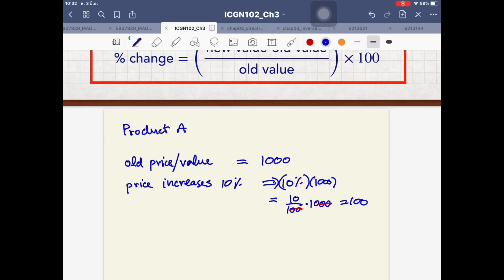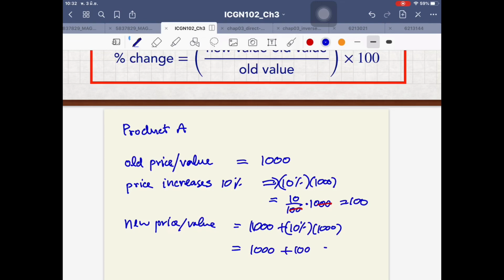So what will be the new price or the new value? It will be 1,000 plus 10% of 1,000. And this gives you 1,000 plus 100.